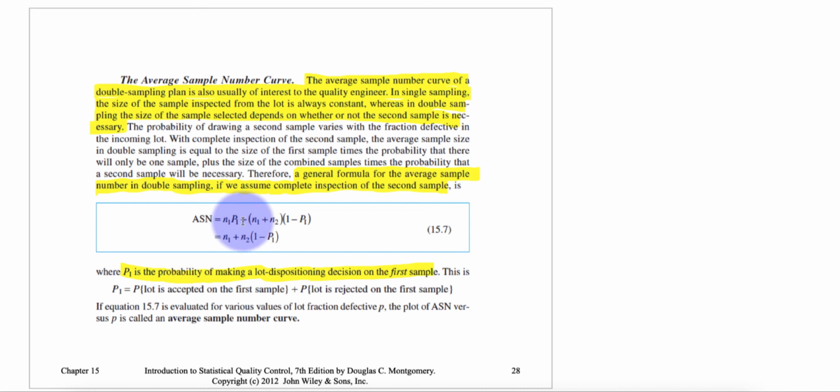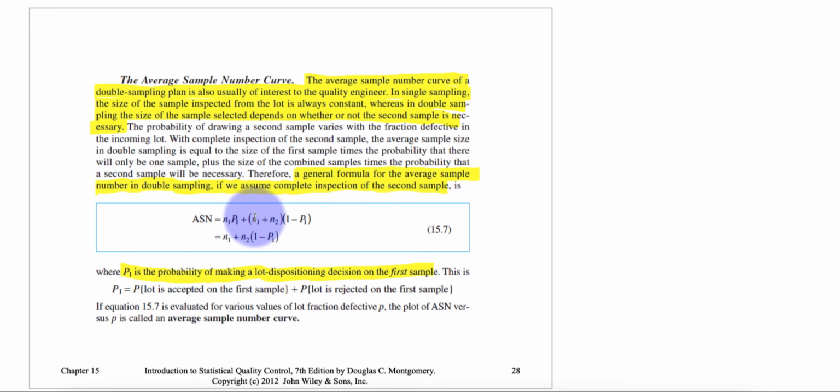Okay, and after that, if we pass through the second sample, then the total number of samples will be N1 plus N2, right? The first sample size and the second sample size. If we go after the second sample, this will be the number of inspections we made. But this is for the case when we do not make any lot disposition in the first sample, okay?